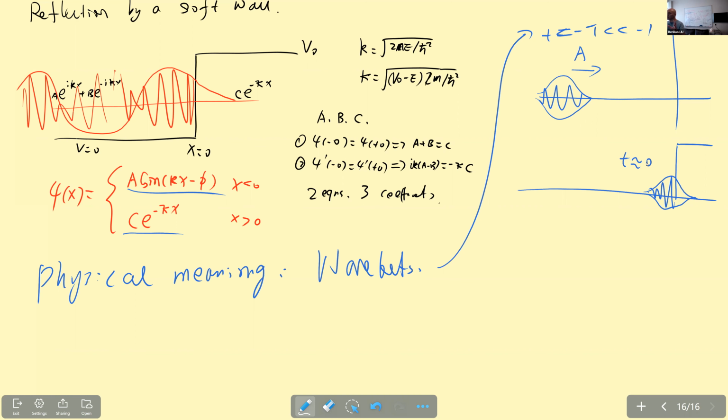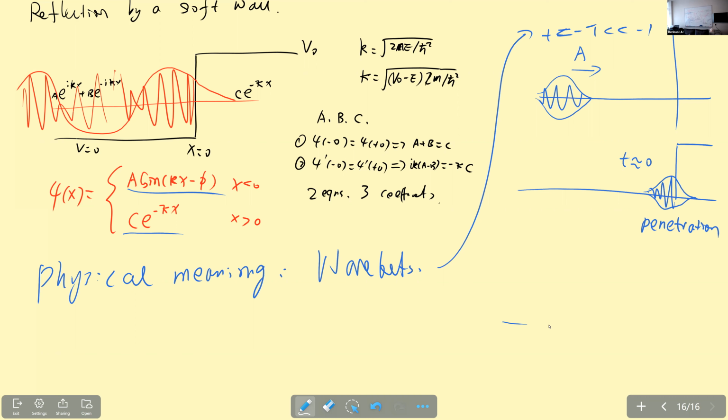And then you can see that because of this penetration into the barrier, this wave packet can move a little bit into the wall, right? So that means you're going to have a little bit of phase delay.